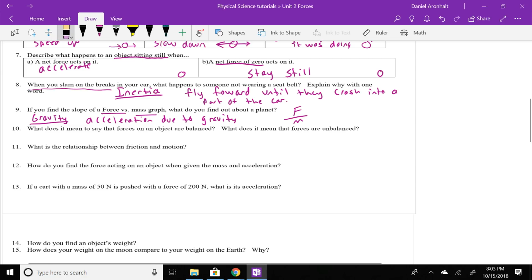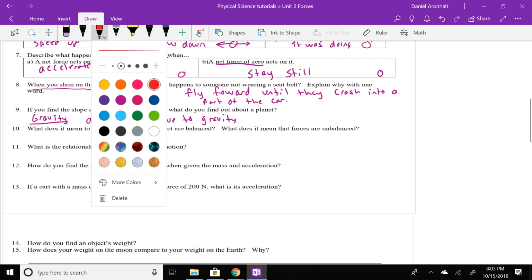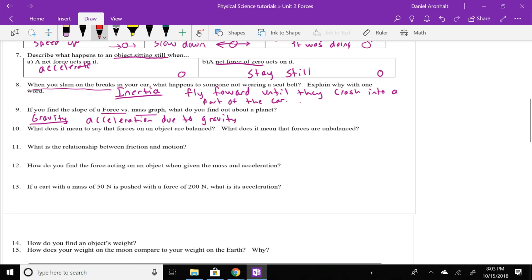That algebra triangle, as we said earlier, was F, m times g.